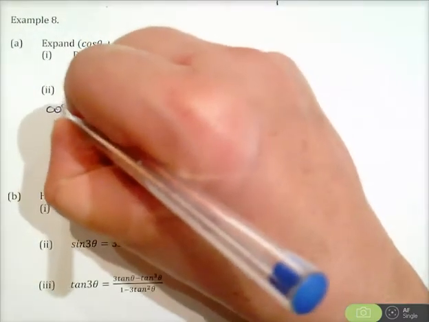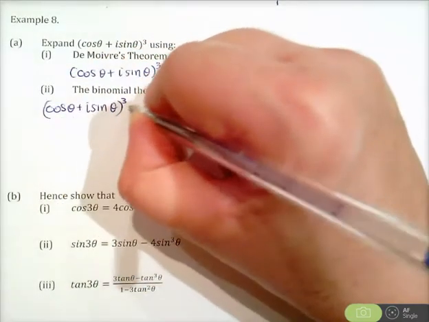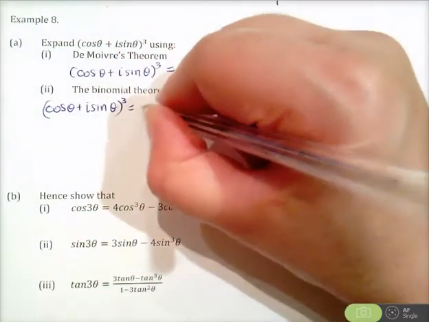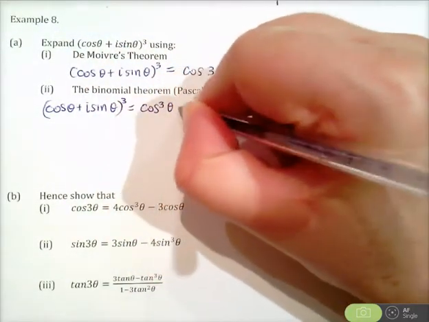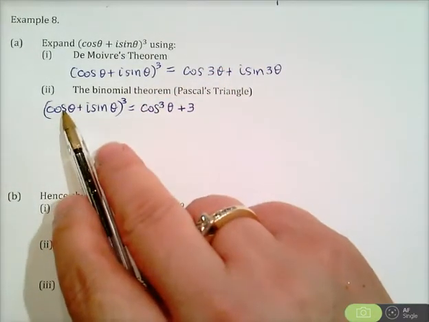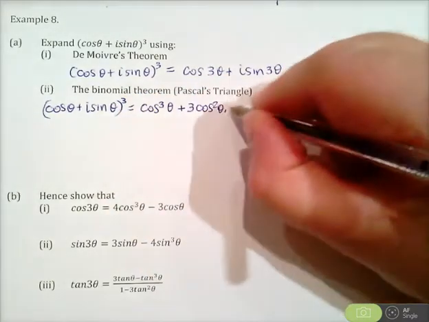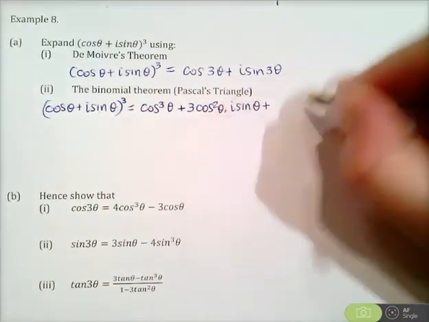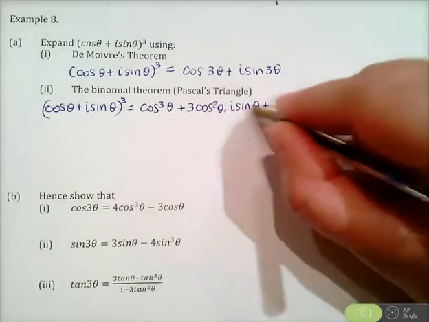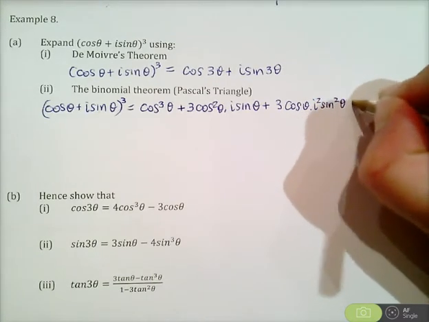So we'll start with (cos theta + i sine theta) cubed, using this row of the triangle. The first term is cubed, so we get cos cubed theta plus 3 lots of, now we drop 1 power of this, cos squared theta times, introduce one of these, i sine theta, plus then we have 3 cos theta, dropping 1 power here but introducing another one here, times i squared sine squared theta.